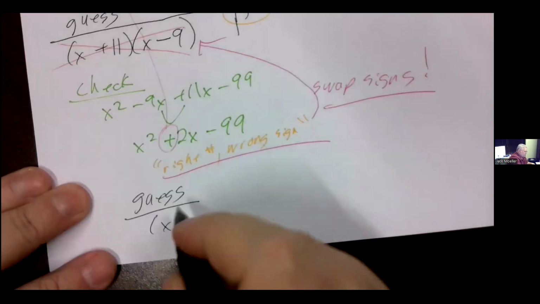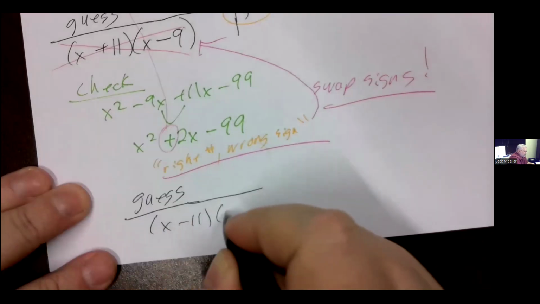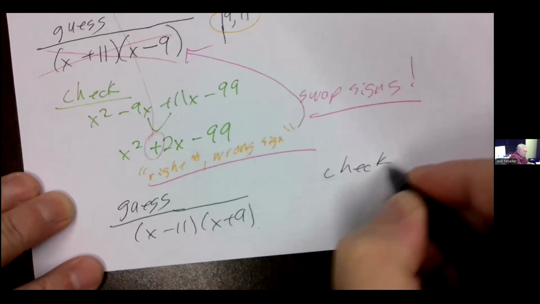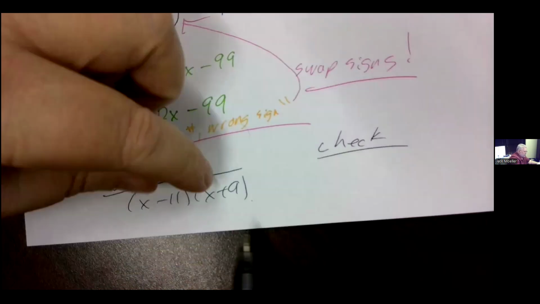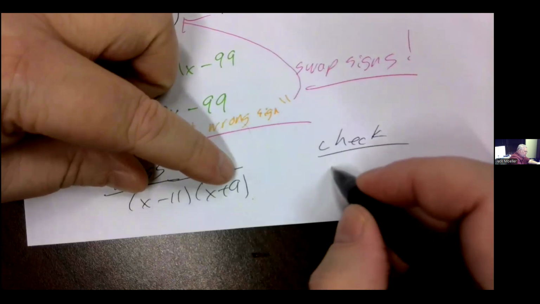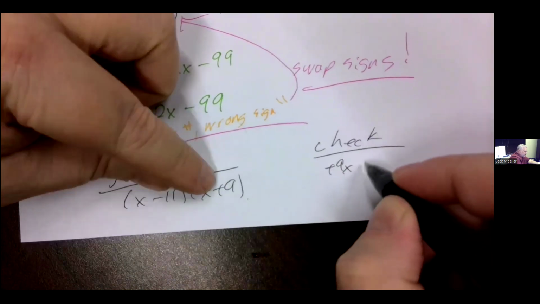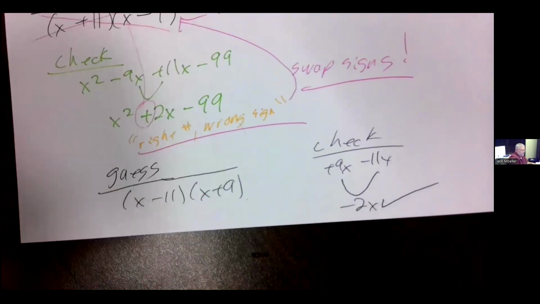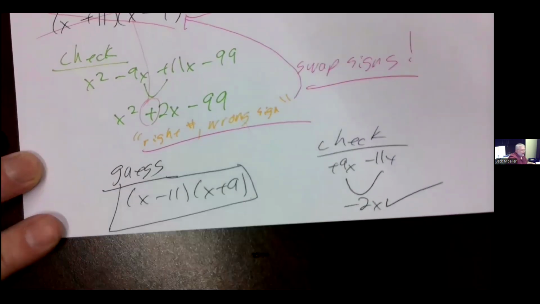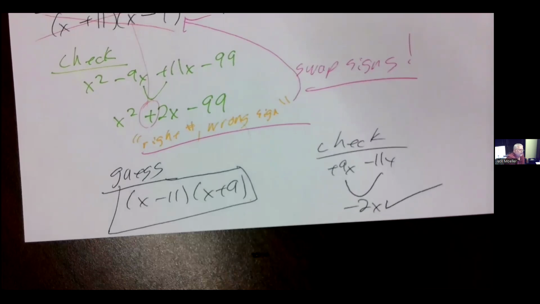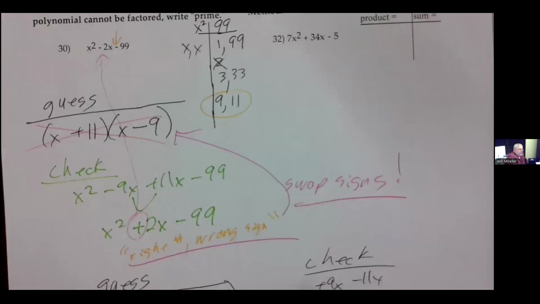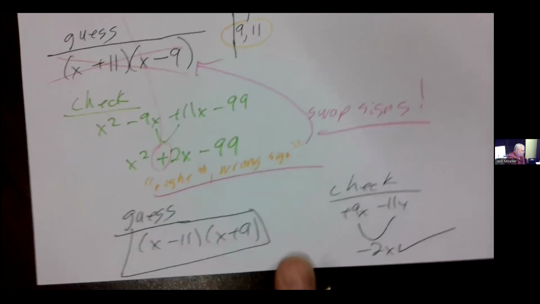So instead of plus 11, I want minus 11, and then x plus 9. And then when you check it, in this case, I'm just going to check the middle terms. So we're going to get plus 9x minus 11x, which is minus 2x, which is what we want. So our answer is x minus 11, x plus 9. That is how you factor x squared minus 2x minus 99.